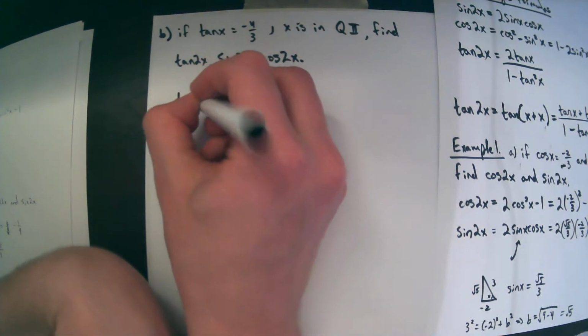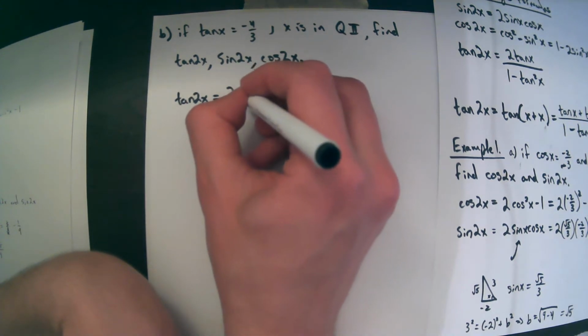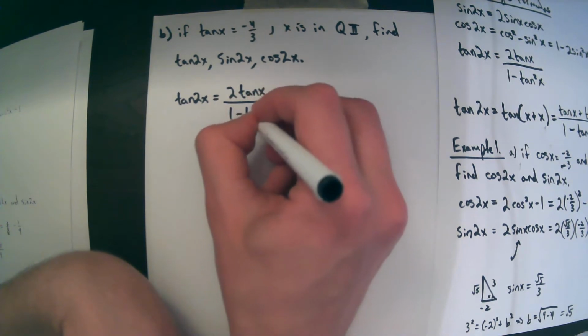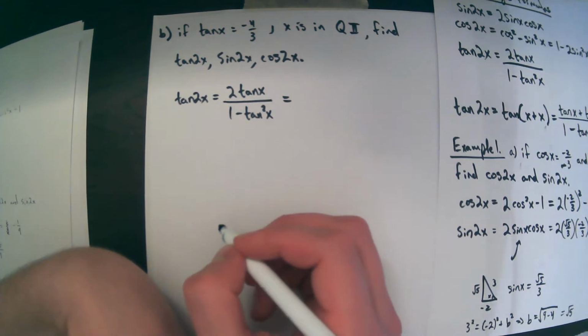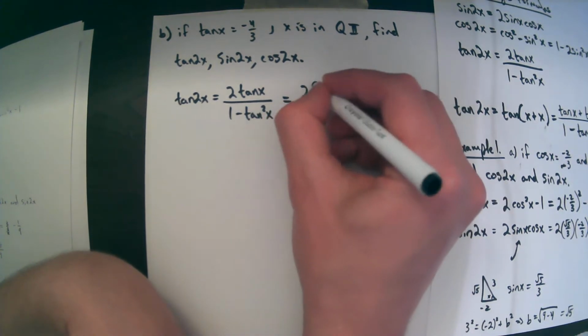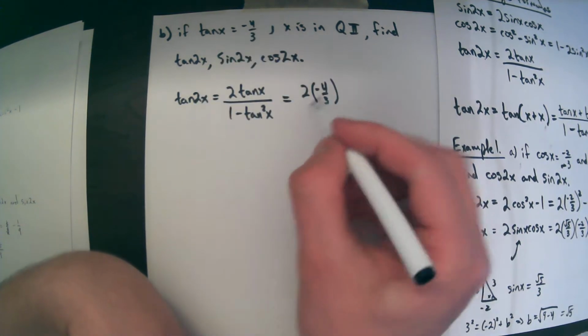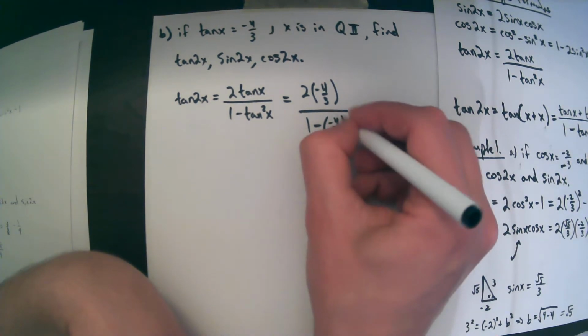Tangent 2x is equal to 2 times tangent x over 1 minus tangent x squared. And that is 2 times negative 4/3, just replacing tangent x with negative 4/3, over 1 minus negative 4/3 squared.